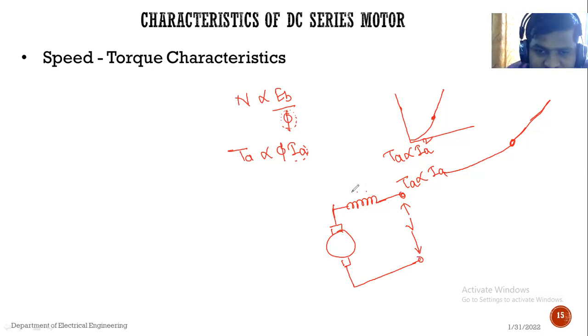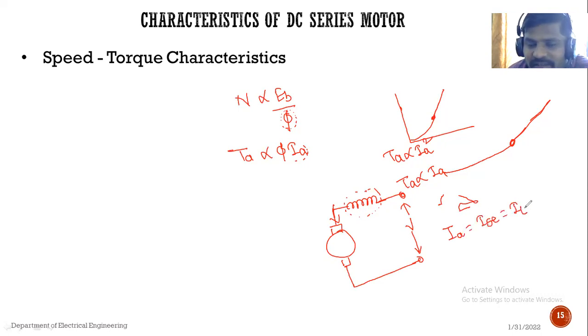The field winding of the DC series motor carries the same current as the armature current. That means Ia is equal to Isc, which is equal to IL. You know this equation in the case of the DC series motor.